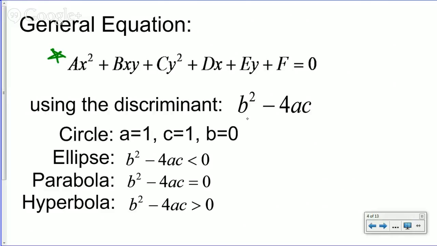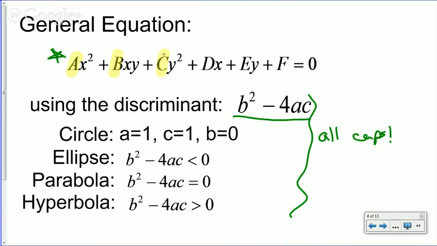So we're going to use the discriminant, which is b squared minus 4ac, but the letters up here are all supposed to be capital letters. With the quadratic formula, they go with different terms. So notice that A goes with x squared, B goes with xy, and C goes with y squared, which is different than with the quadratic formula.